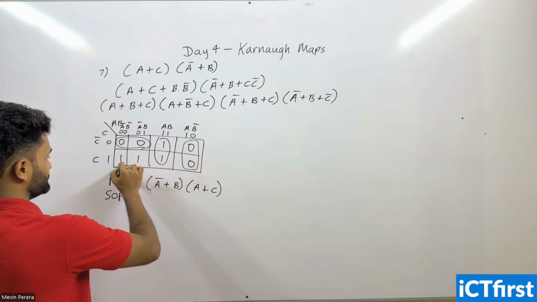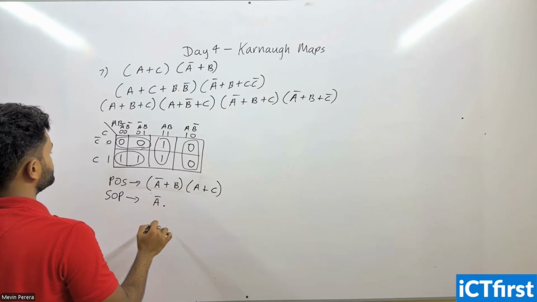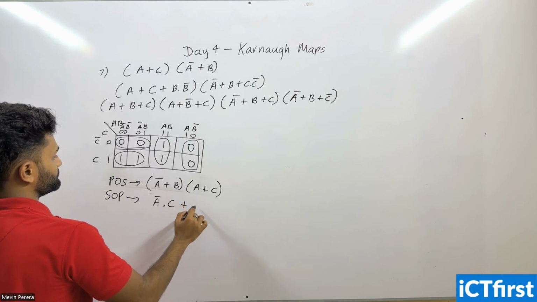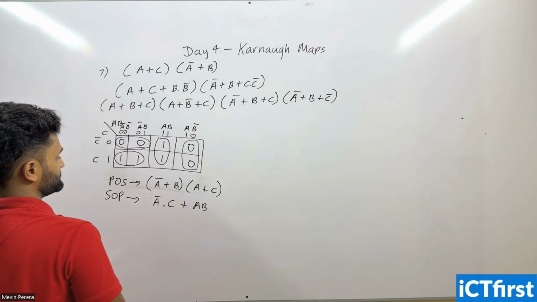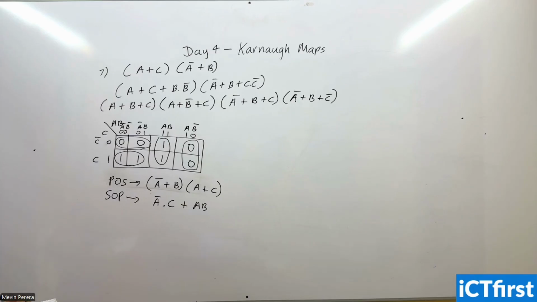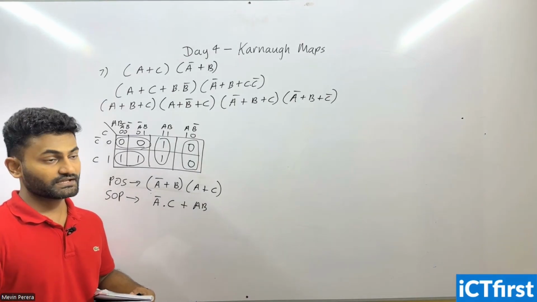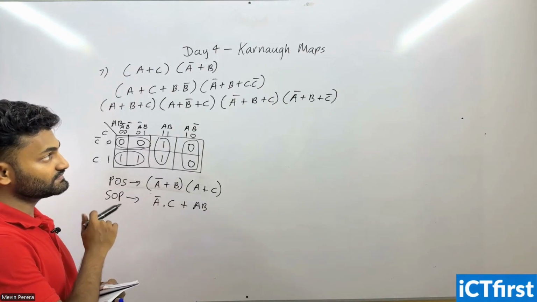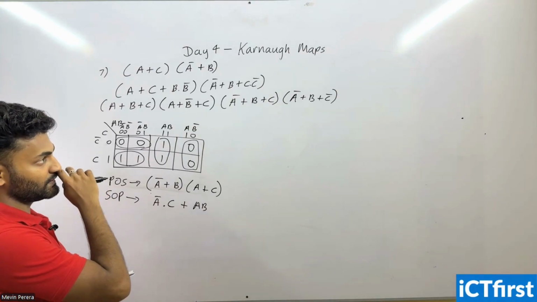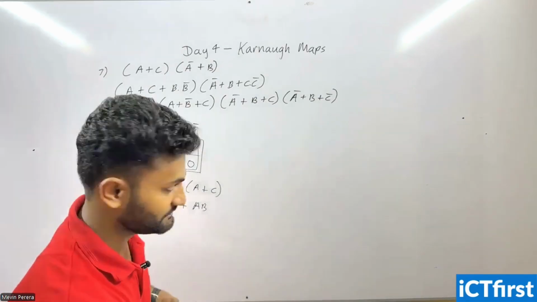So these two, the common one is A bar dot C, A B. This is the answer, right? So look at it very carefully. Try to understand it, how it was done, or else rewatch it once again.